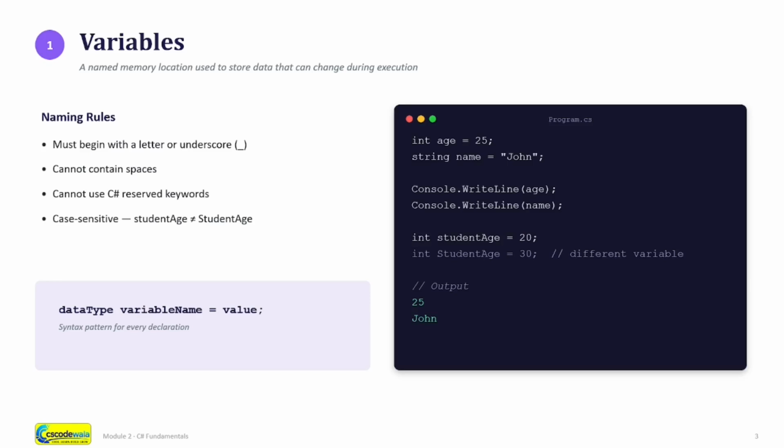And a variable is case sensitive. That means studentAge, where s is a small letter, and StudentAge, where S is a capital letter, are both different variables because C# is a case sensitive programming language.